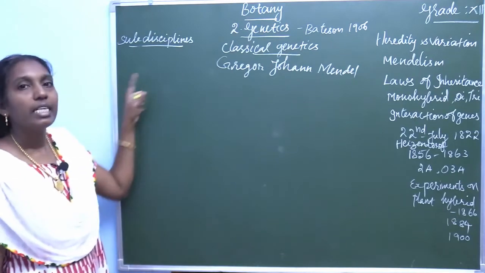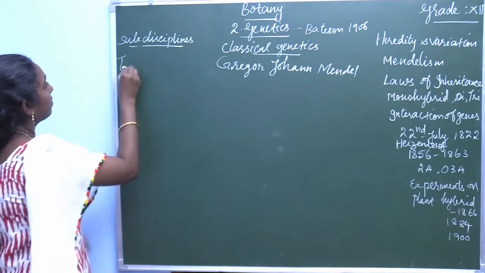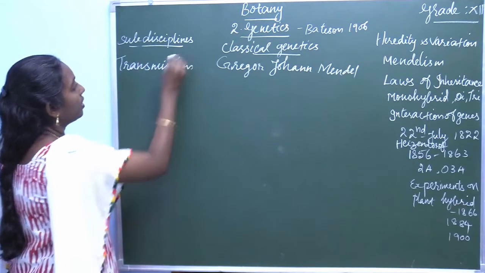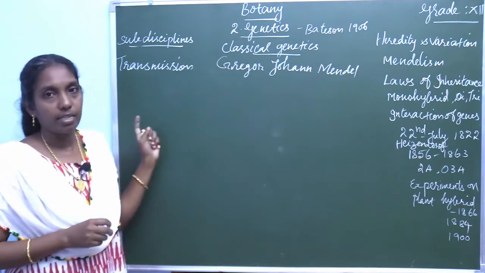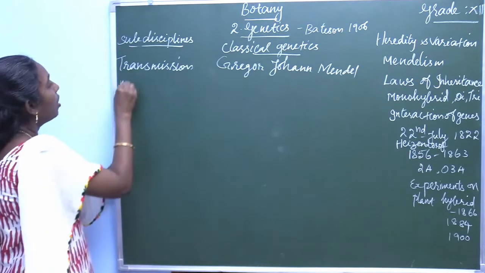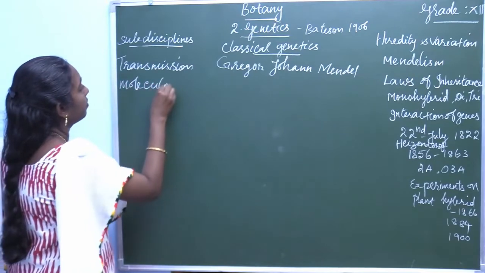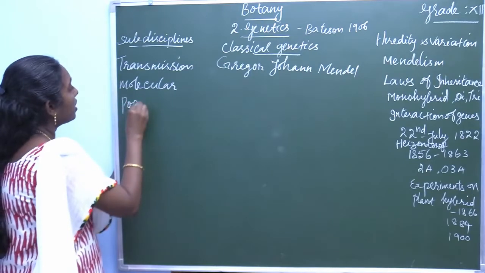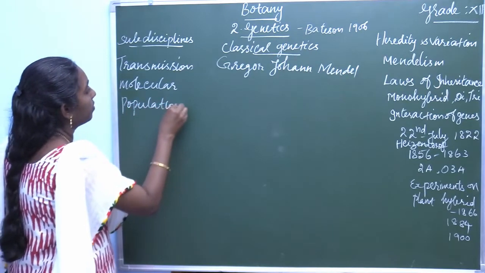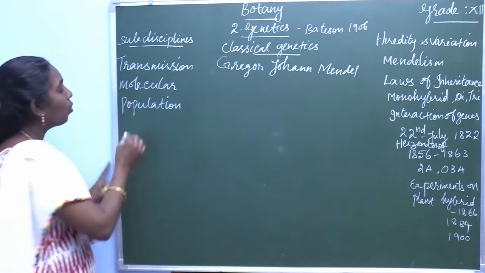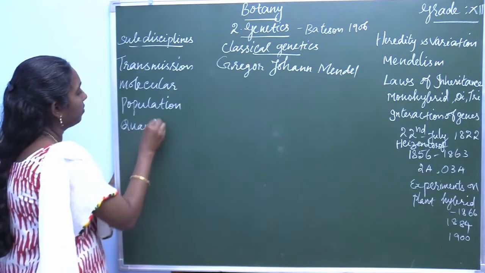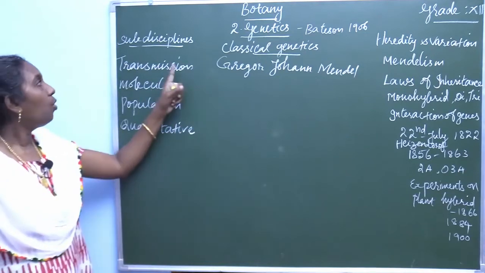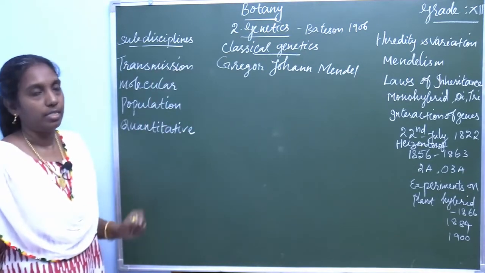They are transmission genetics, or classical genetics, molecular genetics, population genetics, and quantitative genetics. These are the four sub-disciplines under genetics.